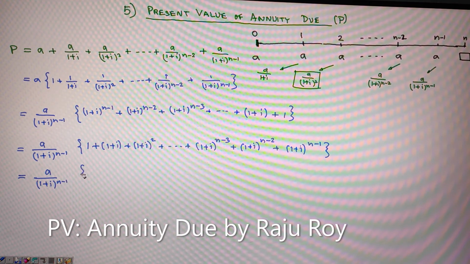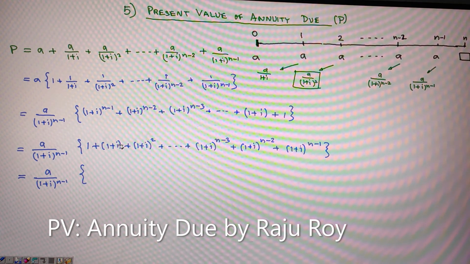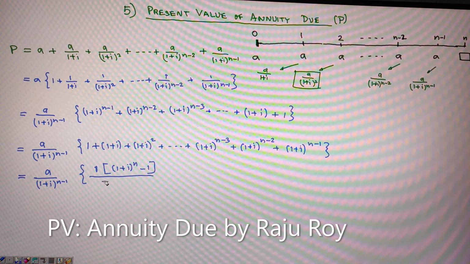This is in GP, right? Well-known formula, because r, that is 1 plus i, is greater than 1, as i is always positive. Now what is the formula? The sum is a times (r raised to the power n minus 1) divided by (r minus 1), with a equal to 1 and total n terms.